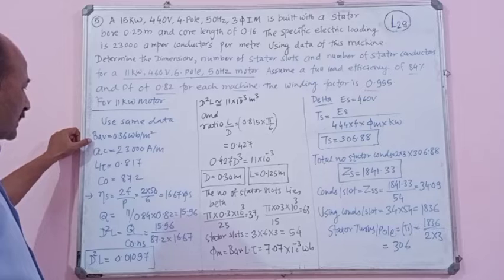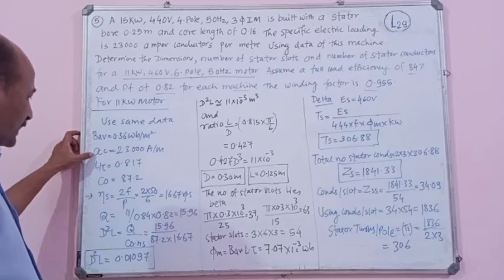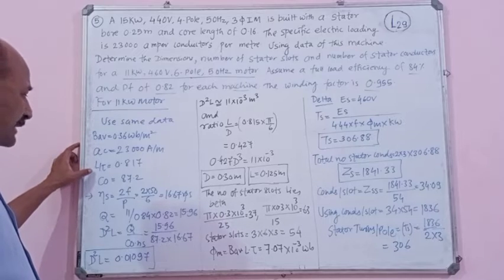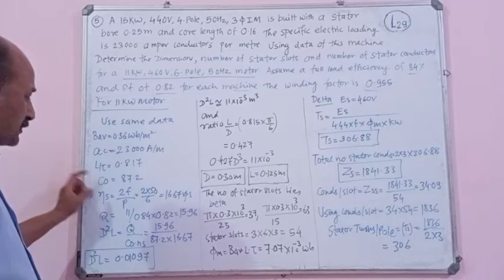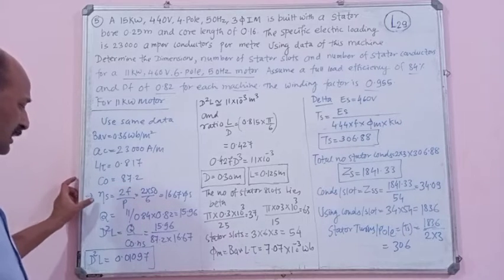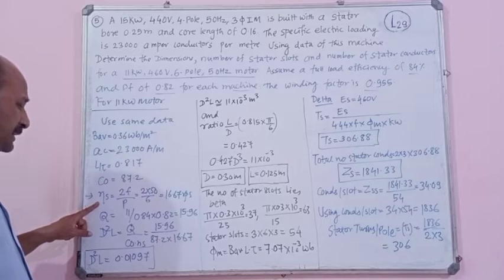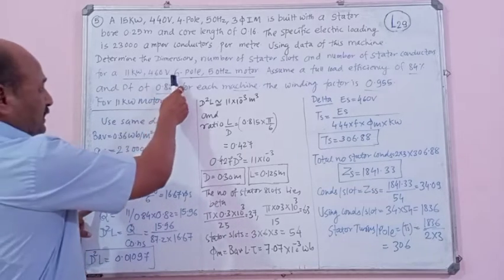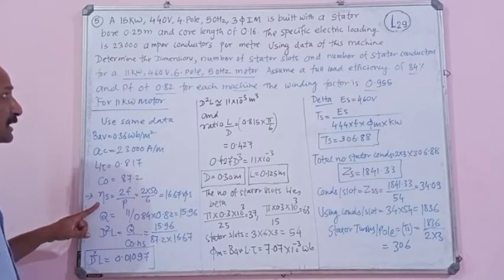We have the average flux density of 0.36 Weber per meter square, then AC equals to 23,000, L by tau equals to 0.817, output coefficient CO equals to 87.2. Now we have to calculate the speed in RPS for number of poles equals to 6. Why? Because the second motor has 6 poles, the previous one had 4 poles.